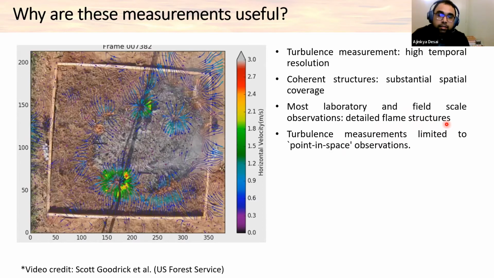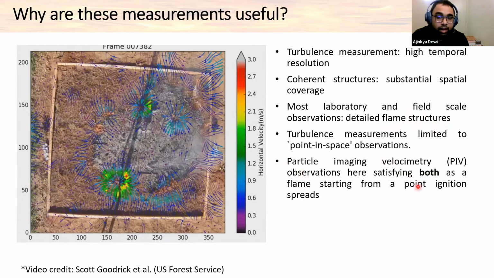But turbulence measurements have been limited to point and space observations. So there's not much PIV data available on spreading fires. Only quite recently has PIV been employed to understand fire spread in vegetative fuels.